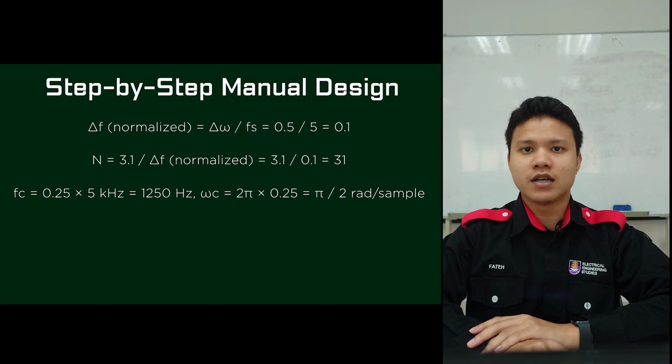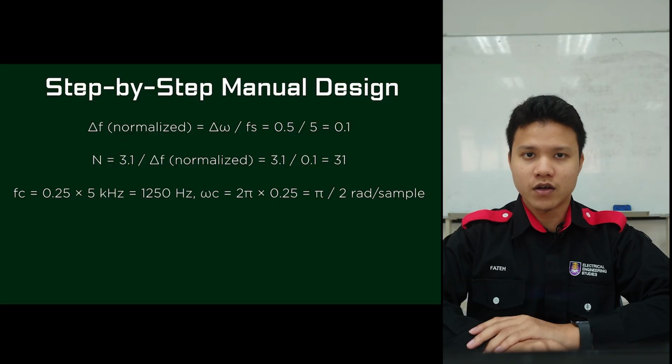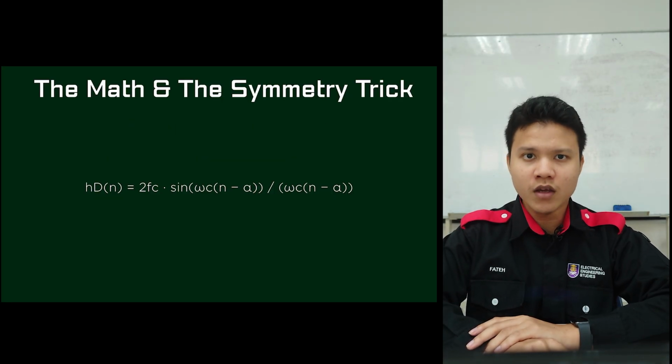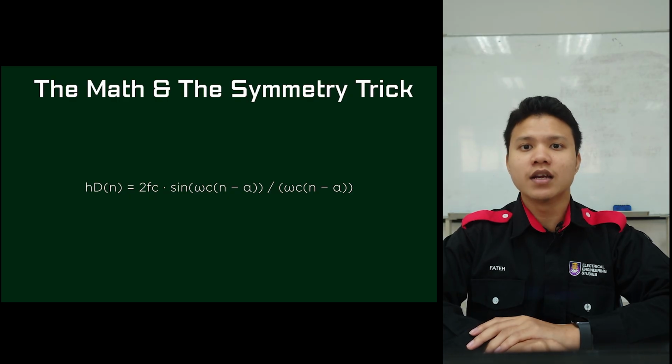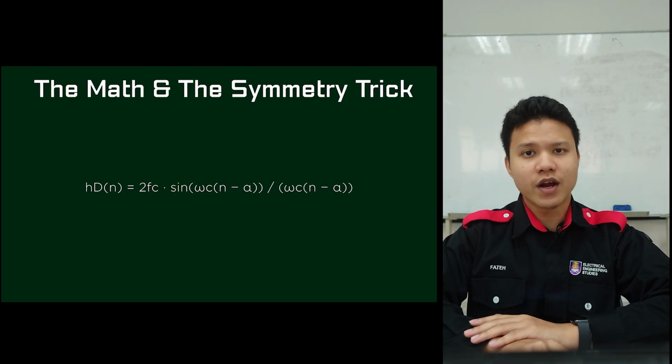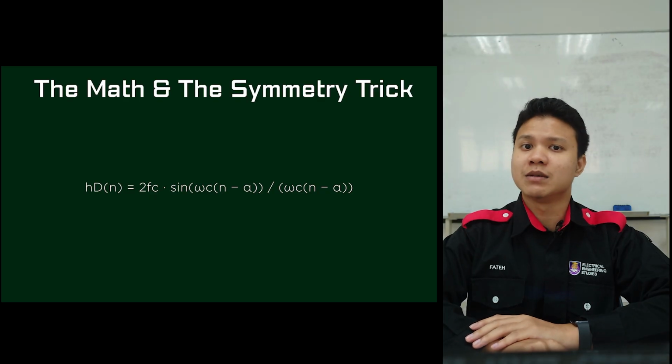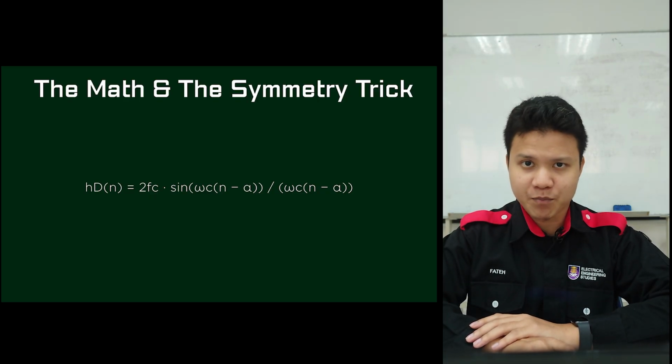This places our cutoff frequency Fc at 1250 Hz, which corresponds to a normalized digital frequency of exactly pi over 2 radians per sample. To calculate the actual windowed coefficients, we multiply our ideal impulse response, hd(n), by the Hanning window function, w(n). Here is where an interesting mathematical simplification happens.